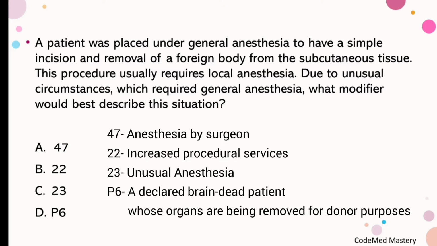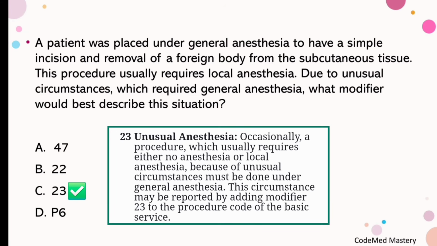If you choose option C, then you're right because modifier 23 is for unusual anesthesia. If you check Appendix A, modifier 23, you can find occasionally a procedure which requires either no anesthesia or local anesthesia because of unusual circumstances must be done under general anesthesia. So this description is matching with the question. Therefore, the right answer is option C.